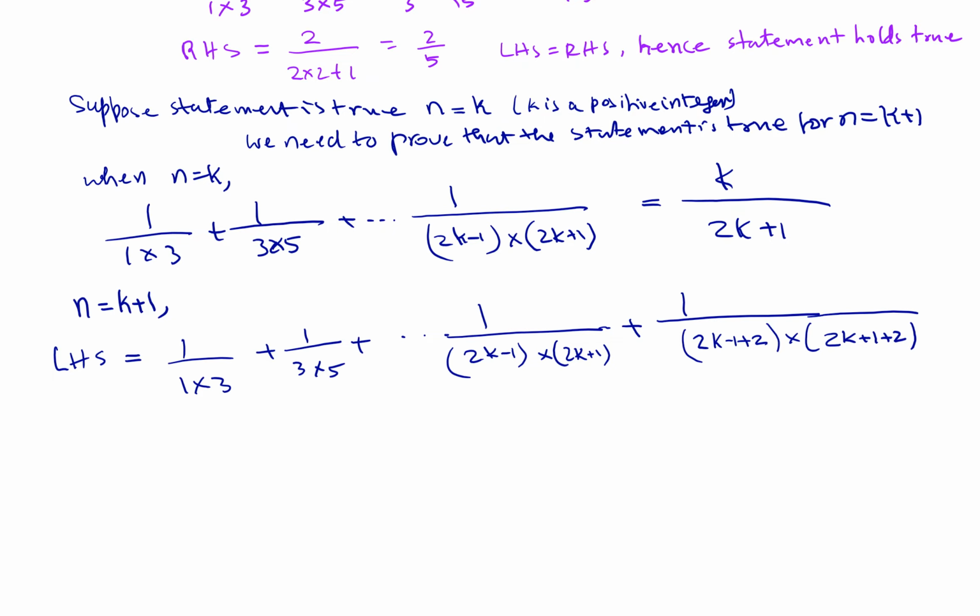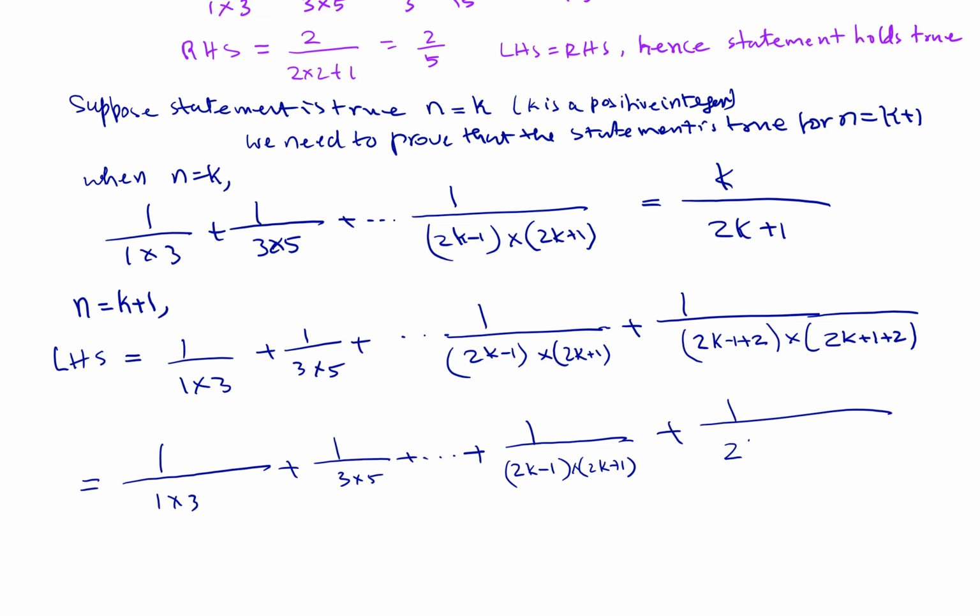So then we can write the left hand side as equal to 1 over 1 times 3 plus 1 over 3 times 5 plus 1 over 2k minus 1 times 2k plus 1 and plus 1 over 2k plus 1 times 2k plus 3. So this is our left hand side for n equals k plus 1.